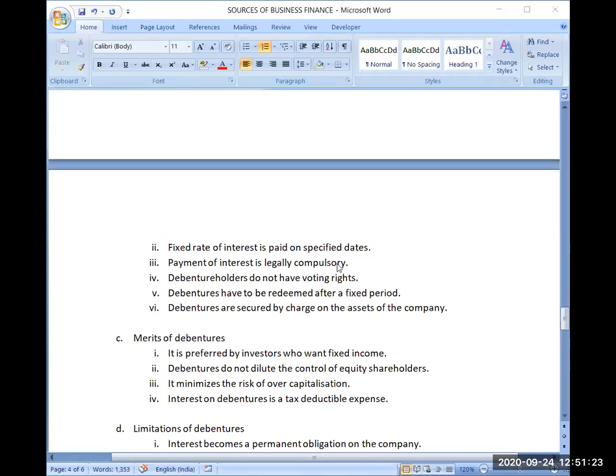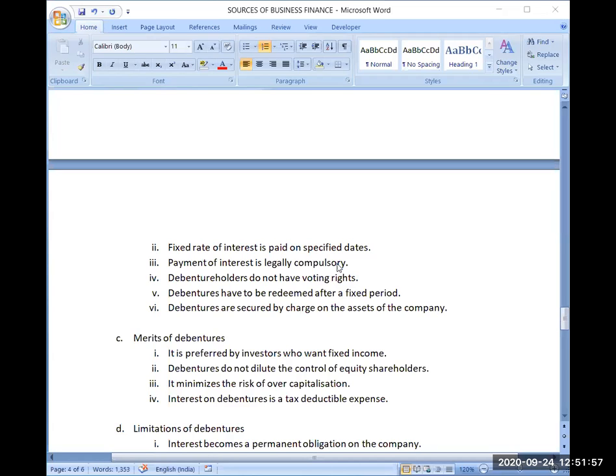Even if you are not able to earn rupee 1 profit, the legal compulsion is that you have to pay interest of rupees 500 to him compulsorily. So it is a legally compulsory payment.